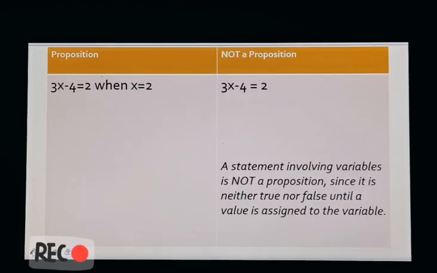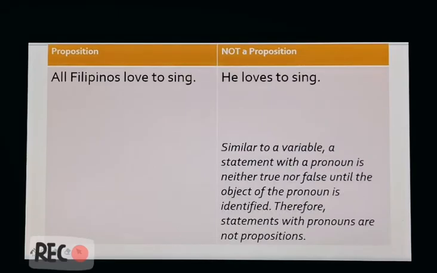Another one. When we say 3x minus 4 equals 2, when x is equal to 2, is an example of a proposition. But when we say 3x minus 4 equals 2, this statement is not a proposition since it is neither true nor false until there will be an assigned value for the x variable.